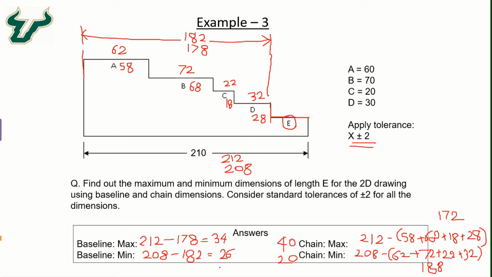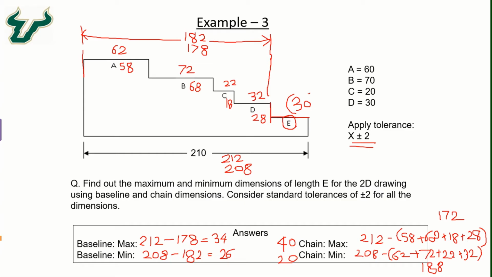And so we can see a clear difference in the baseline and the chain scheme here. If we calculate the nominal dimension of E based on the nominal values, which is 60 plus 70, 130 plus 2150 plus 3180, subtracted from 210, it comes out to be 30.